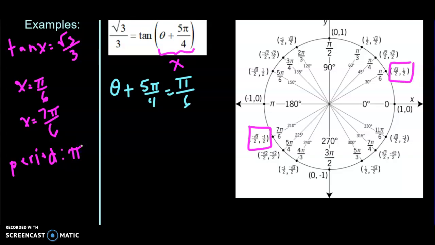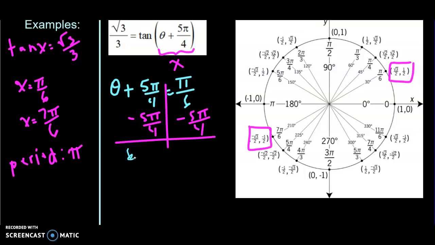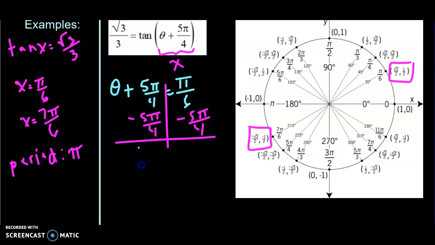Okay, so now what do we do to solve for theta in this case? We subtract 5 pi over 4 from both sides. So now I get theta equals pi over 6 minus 5 pi over 4.